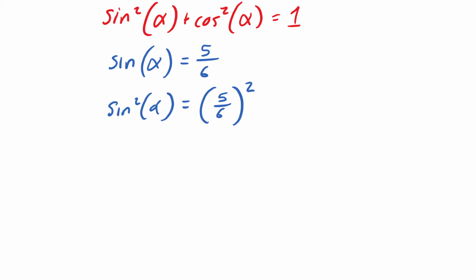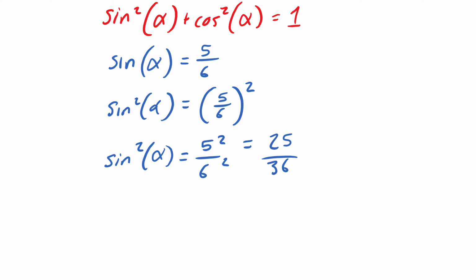5 over 6, in order to square it, we have to square both the numerator and denominator. And that is equal to 25, and 6 times 6 equals 36. So we now know that sine of alpha squared equals 25 over 36. Now let's put that in our original equation.